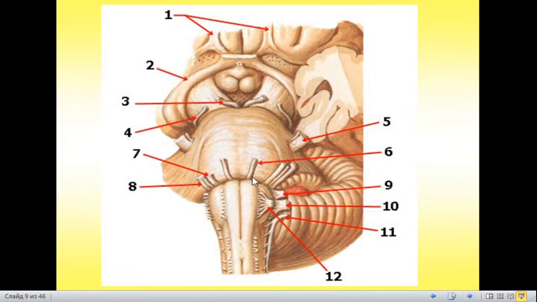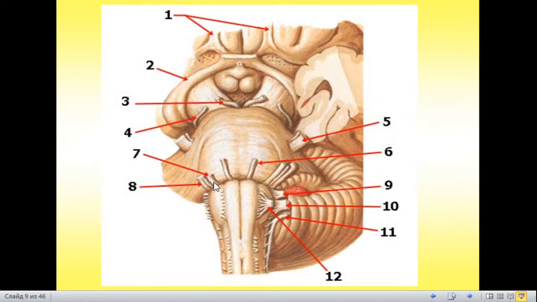Sixth cranial nerve, or abducens nerve, its root exits the brainstem between the posterior side of the pons and the pyramid of the medulla oblongata. This groove is known as the pontobulbar groove.